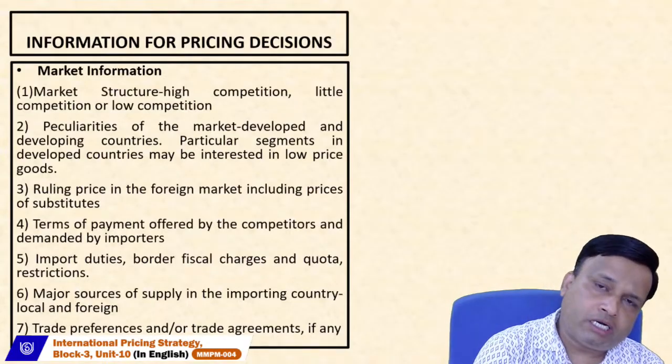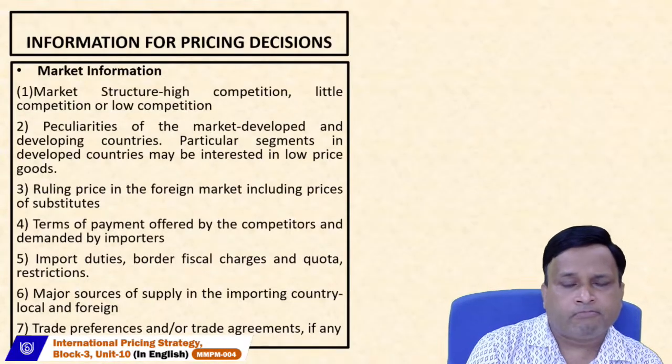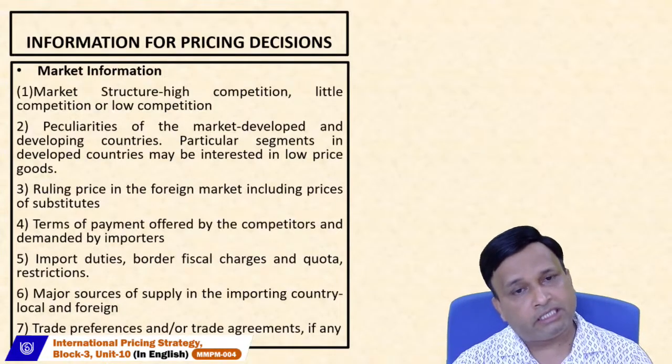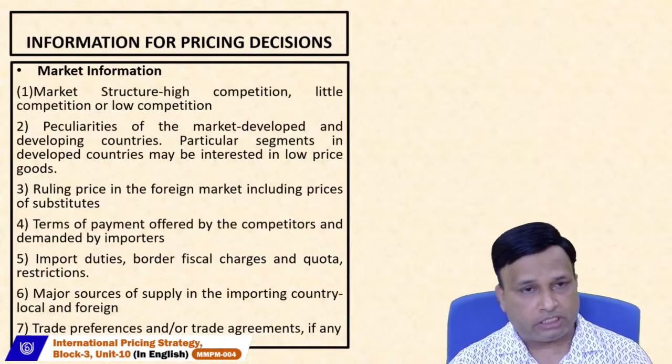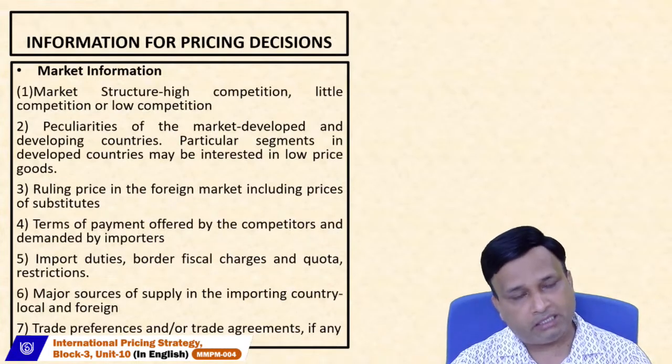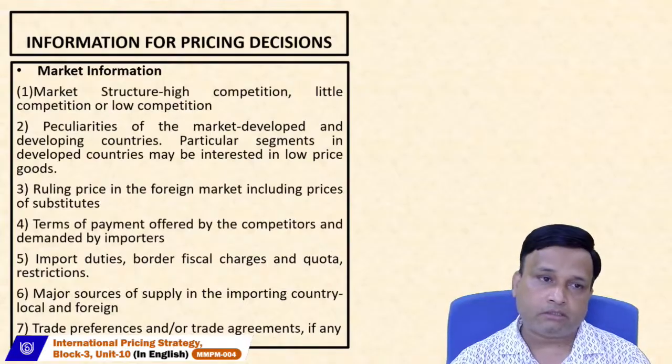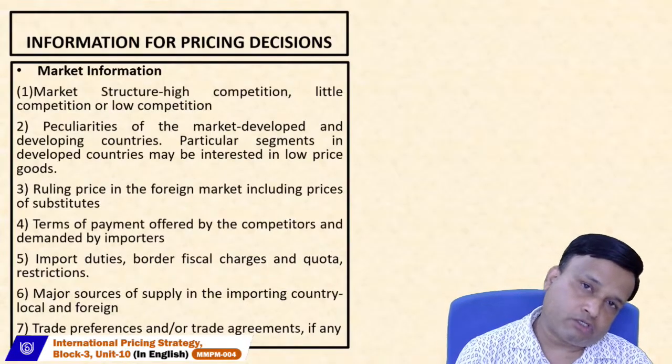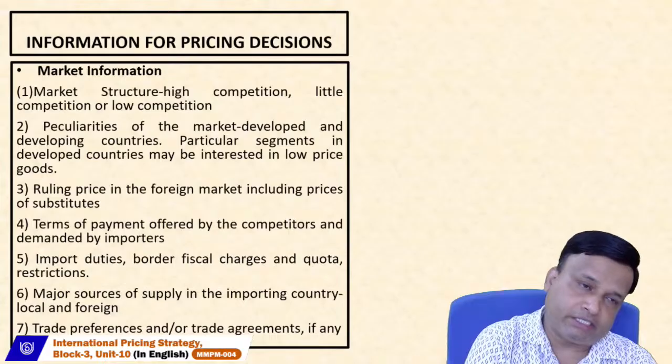If you have control over the market, then you can charge a high price. But if there is high competition, then whatever the market decides, you have to keep that price. With little or low competition, the market structure itself defines your pricing decisions.